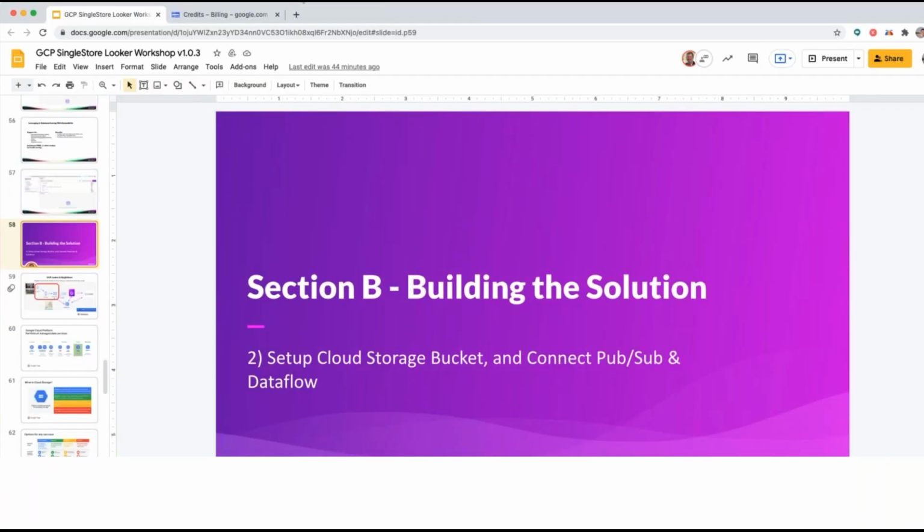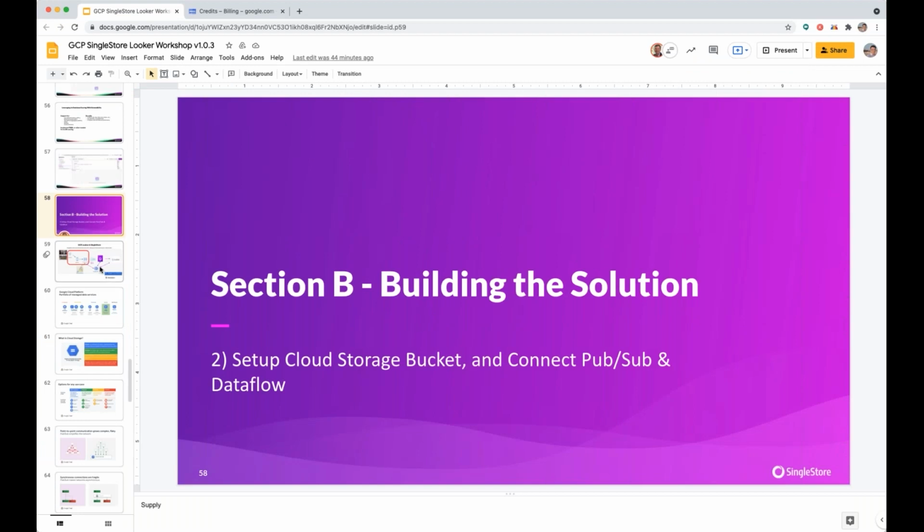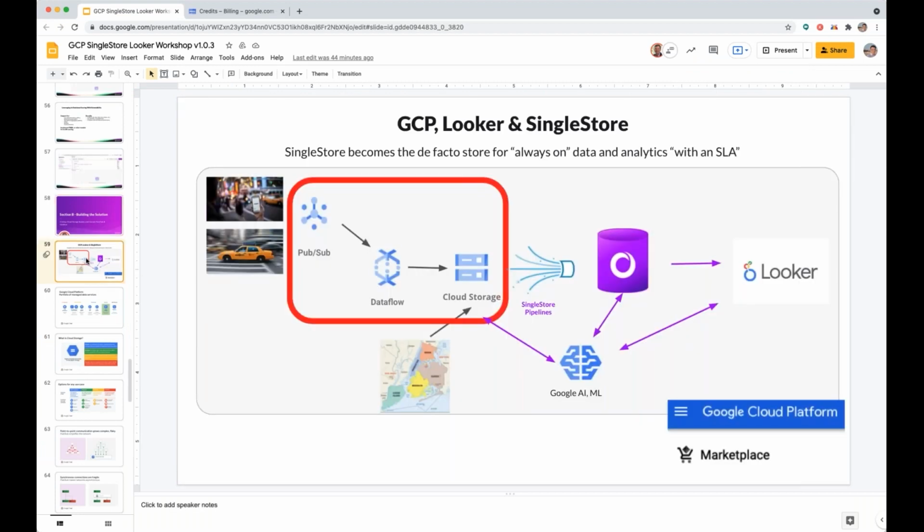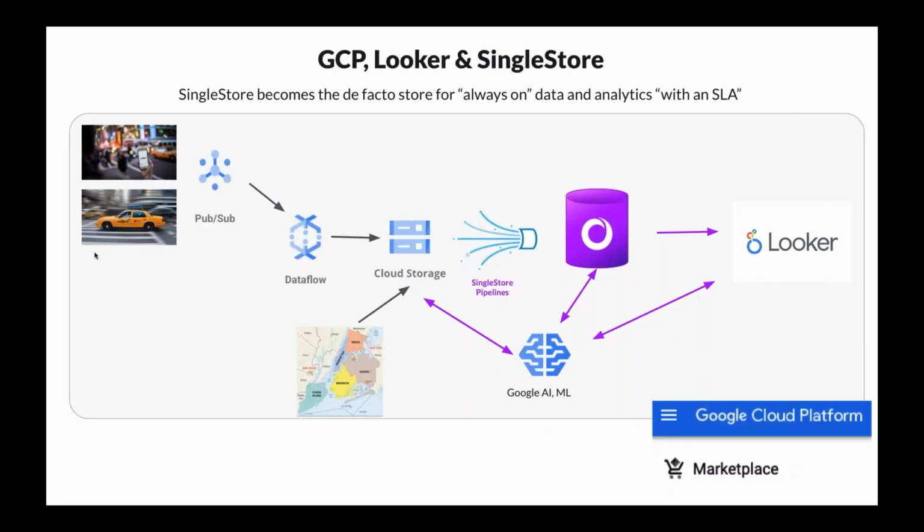So what I'm going to talk about here is setting up these various services. Let's recap just this slide, because it's a good reminder of what we're doing here. We have this New York City taxi data, and there are 3 components to this data. 2 of them are streaming components: the drivers and the trips data.